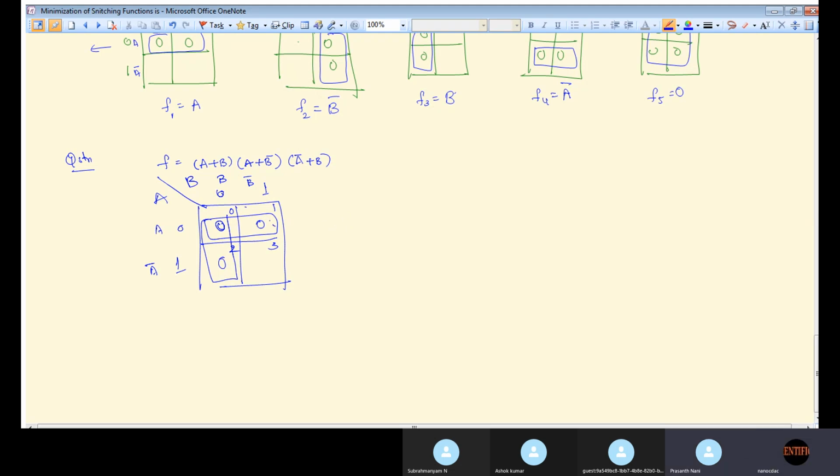First, what is it for this block? Sorry, it is a into b, not a plus b. This is a simple AND, a b, and this is the function.